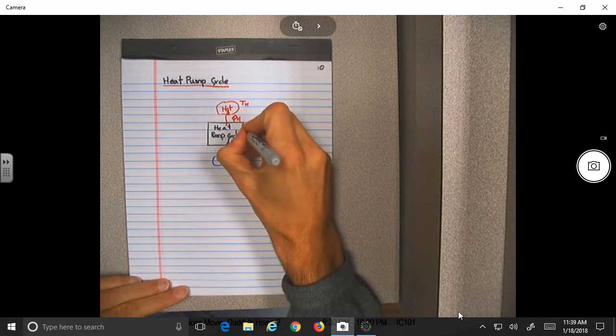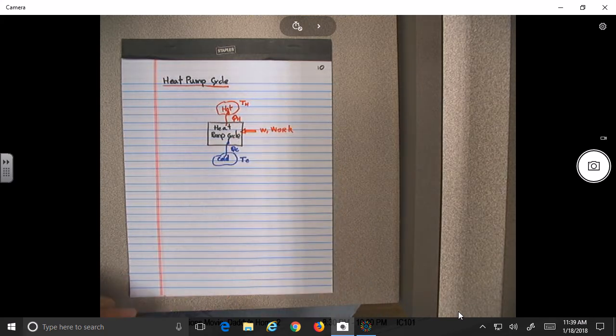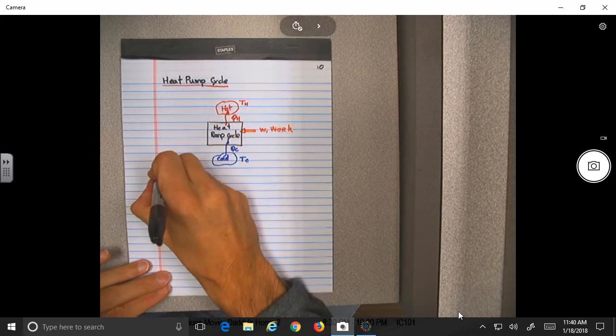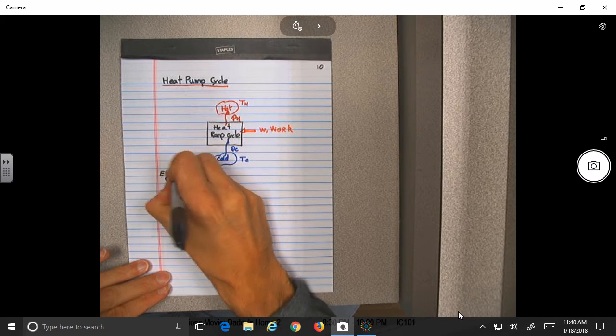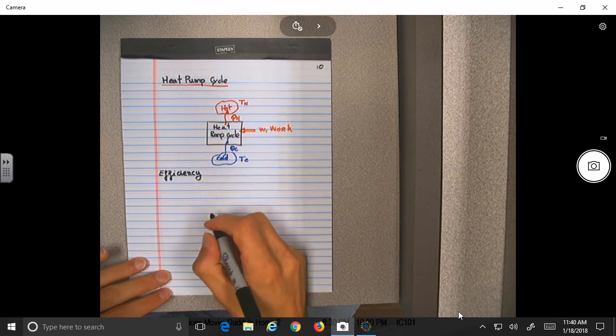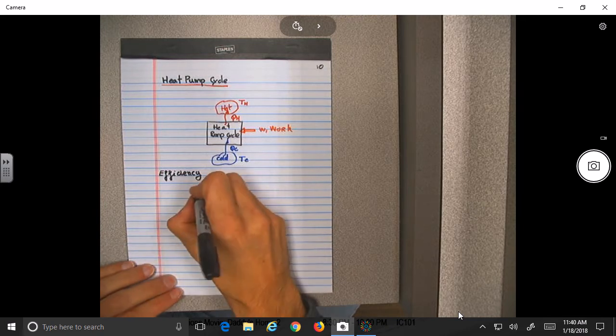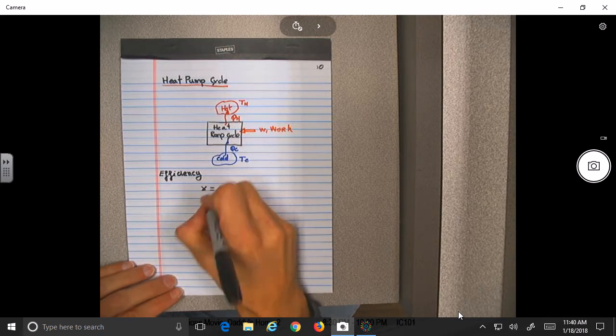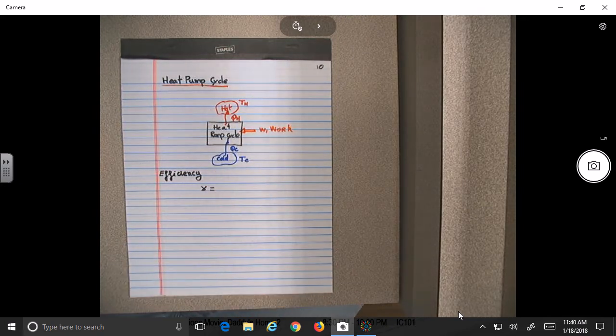It requires work to put into the system. So for the efficiency, they use the letter gamma for the heat pump. You can change them, it's not a big deal.